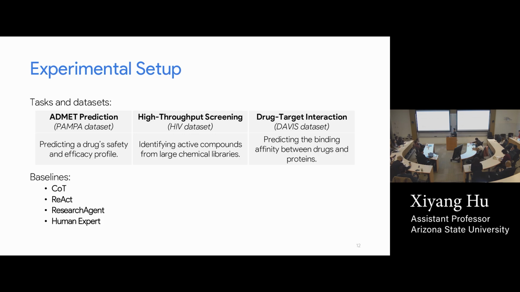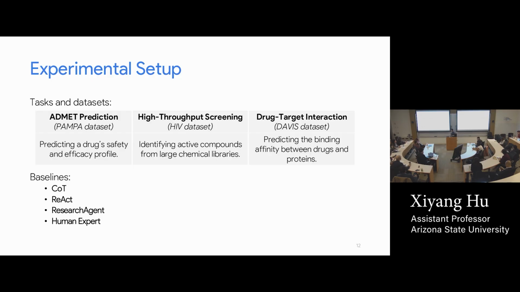The second task is called high throughput screening. Basically, how well the DrugAgent performs in identifying potential active chemical compounds from large chemical libraries. And the third one is drug-target interaction. It predicts how well the binding is between the target and the drug.